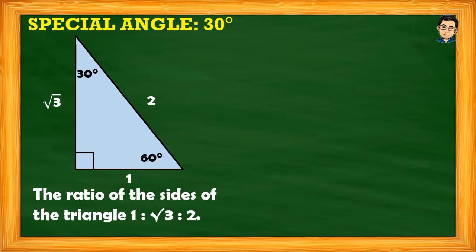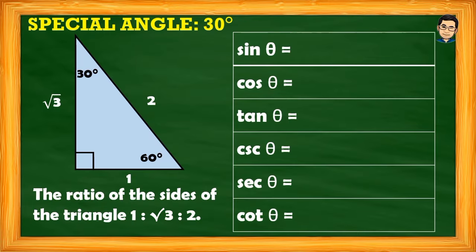Tandaan natin na yung hypotenuse ay pinakamahaba sa dalawang sides natin, and dodoblihin niya yung sukat ng shorter leg. Ayan, special angle wherein 30 degrees muna tayo, ang magsisilbing theta.